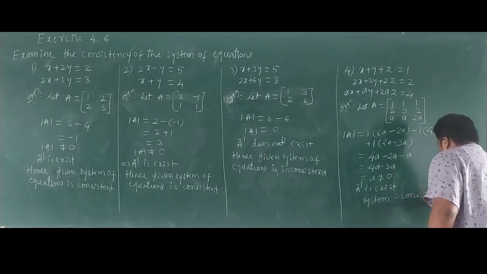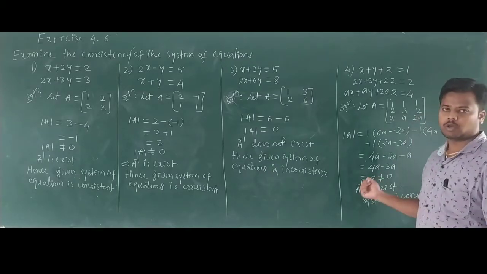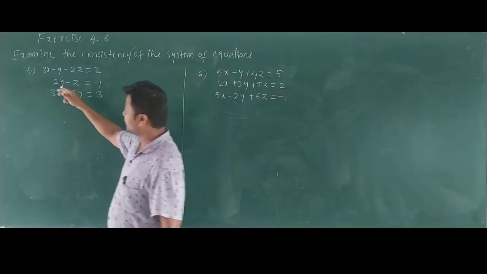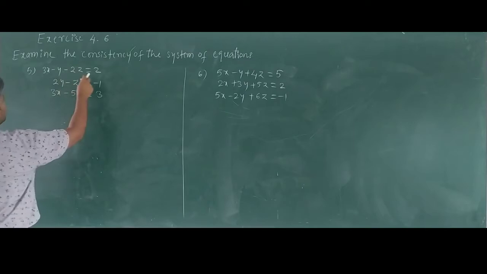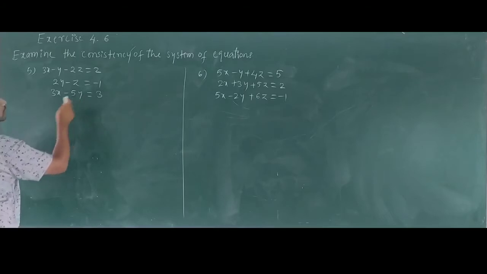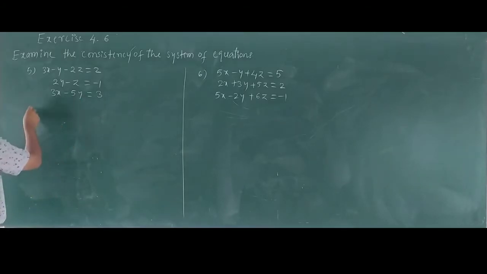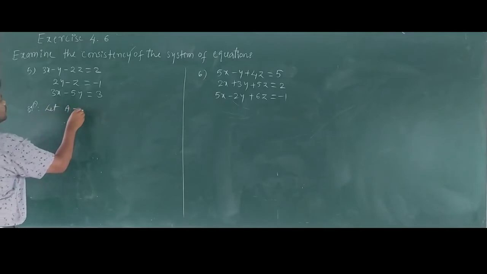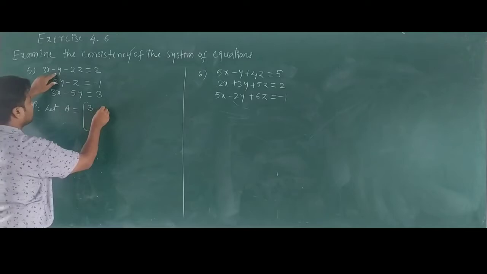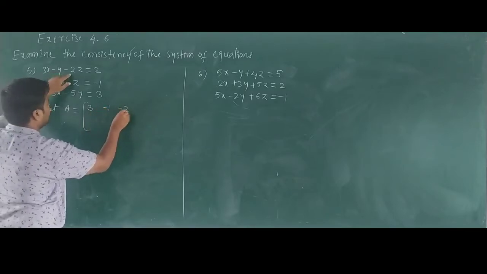Okay, not bad. Next, fifth one: 3x minus y minus 2z equals 2, 2y minus z equals minus 1, 3x minus 5y equals 3. Solution: let A be the coefficient matrix, 3, minus 1, minus 2.